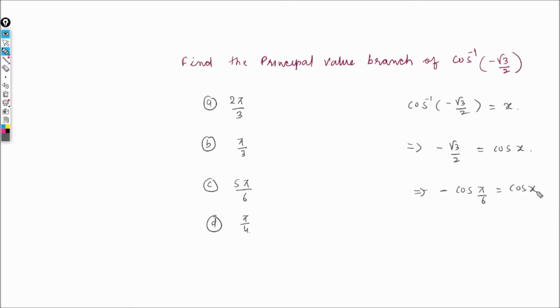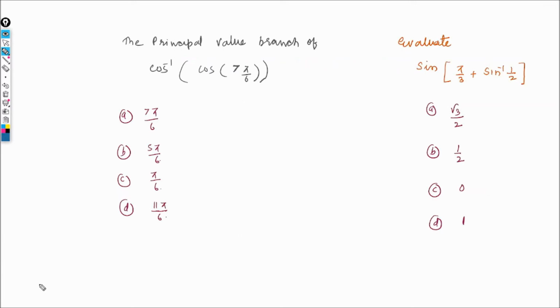Cos is negative in the second quadrant. So this can be written as cos of pi minus pi by 6 is equal to cos x.